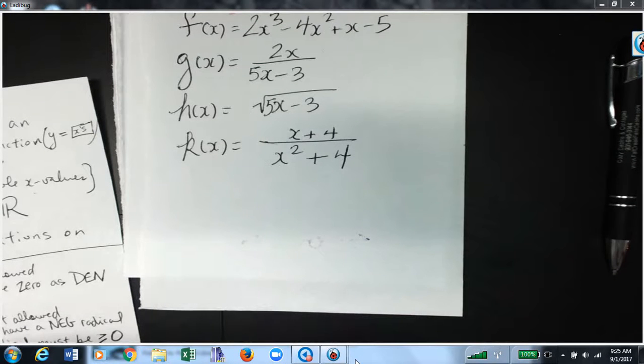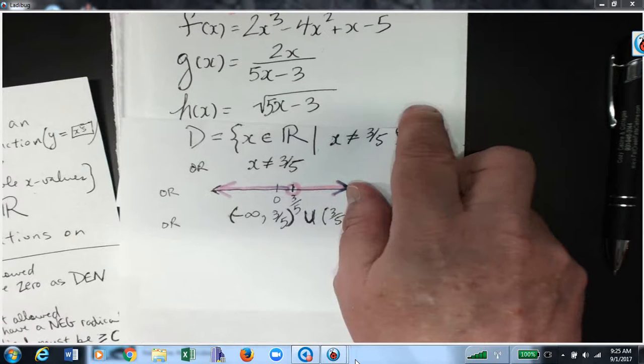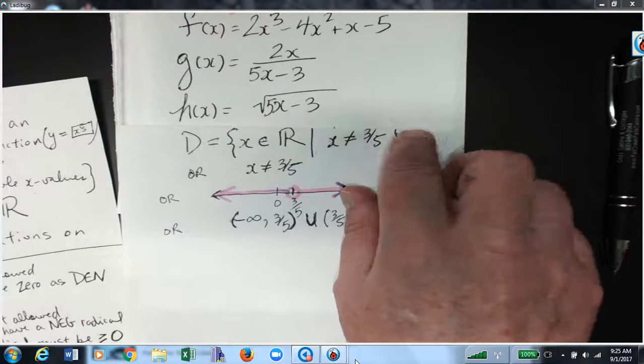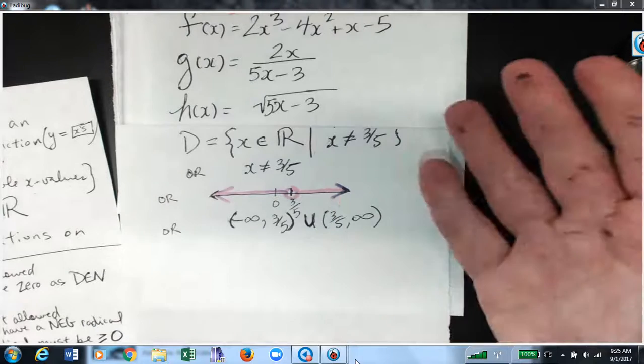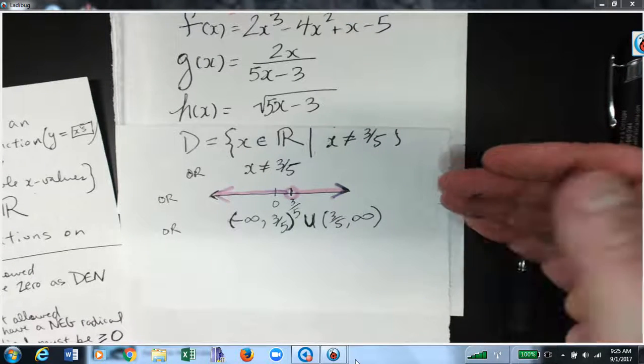Let's look at h of x. So if we're asked for the domain for h of x, and this is a multiple choice exam, you would find that one of the selections would be the same domain that we had for g.